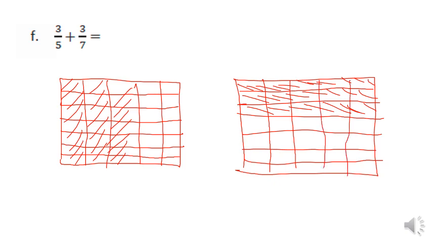So now when I count them up, I can say 1, 2, 3 by 1, 2, 3, 4, 5, 6, 7. So we know that the denominator here is going to be 7 by 5. 7 times 5 is 40. Excuse me, 35.